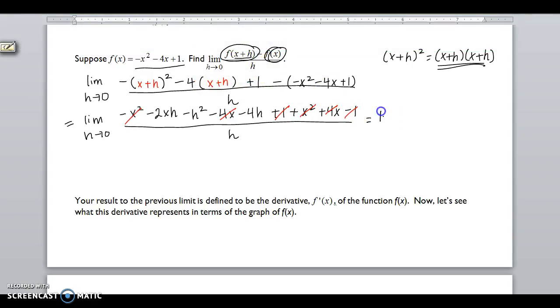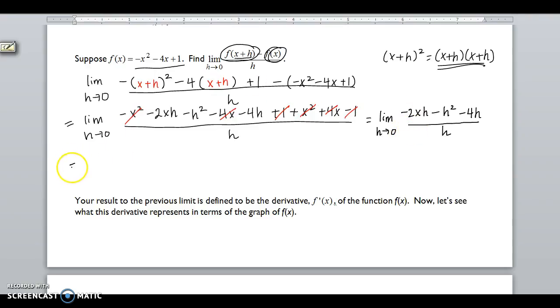So this is now the limit as h approaches 0 of minus 2xh minus h squared minus 4h, all divided by h. So at this point, after you've expanded and canceled, you should notice that every term up here in the numerator has an h. And so if that doesn't happen, then you might want to check what you did to make sure you didn't do something wrong, because that should always work out.